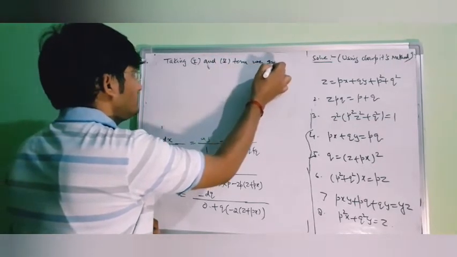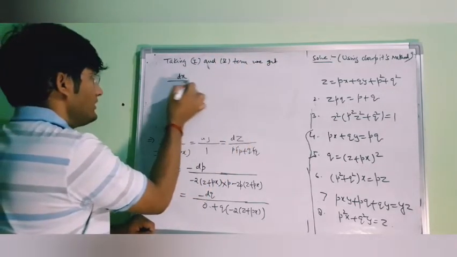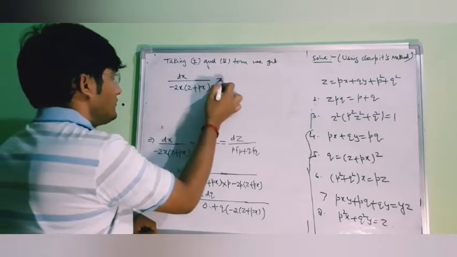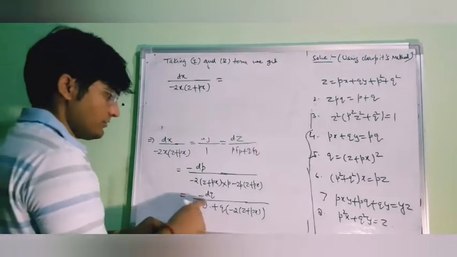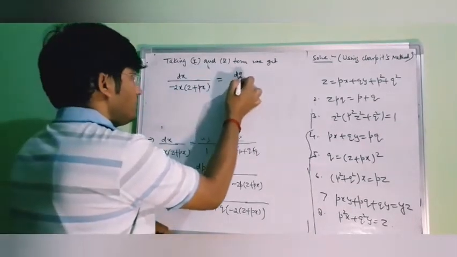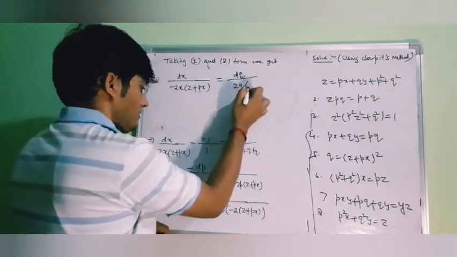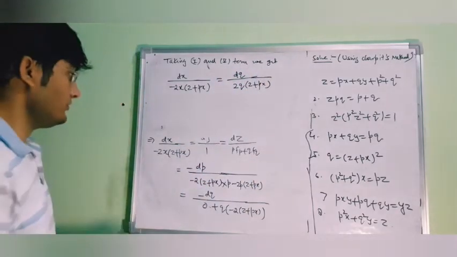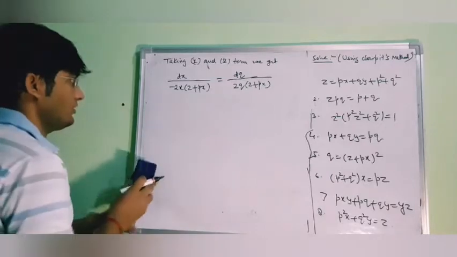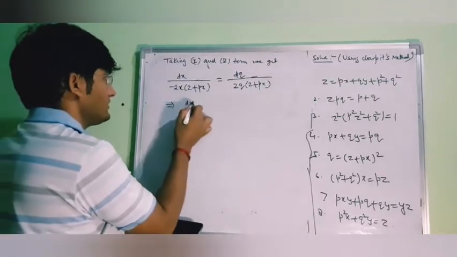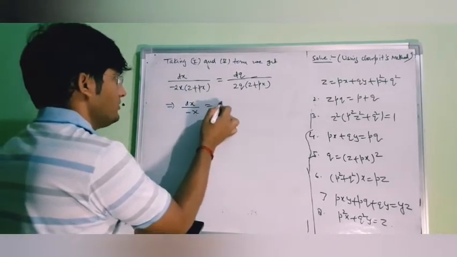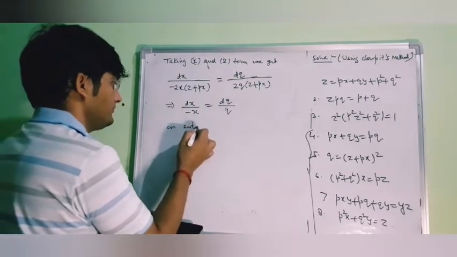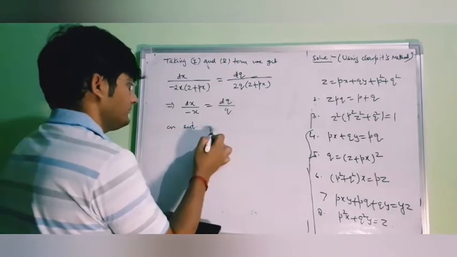We get dx upon minus 2x times z plus px is equal to, from here we will get minus minus plus, dq upon 2 times q into z plus px. Or you can say that dx upon minus x equal to dq upon q. So on integration we will get log x.